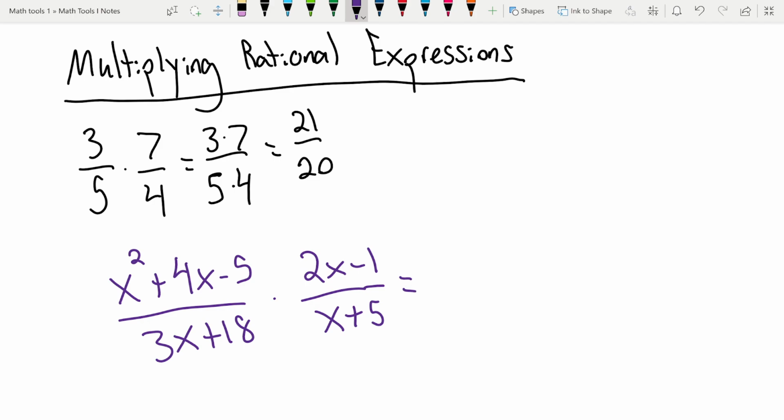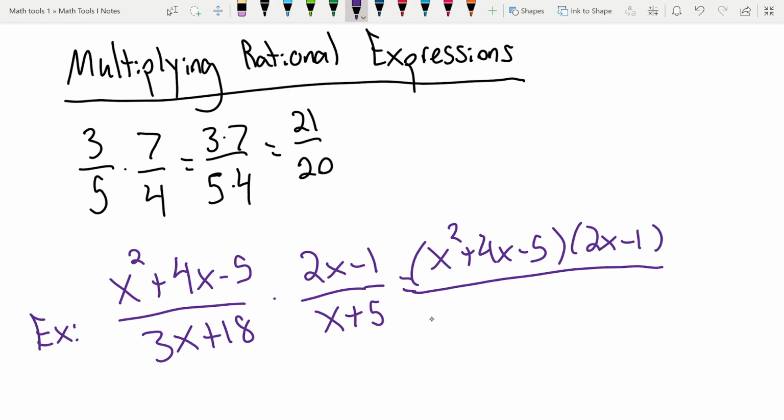You're just going to want to multiply across the top, x squared plus 4x minus 5 times 2x minus 1, and multiply across the bottom, 3x plus 18 times x plus 5. Now, depending on the context, there might be no need to actually multiply these out. We could just leave it like this.